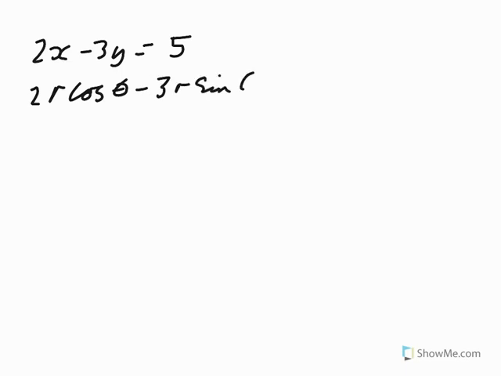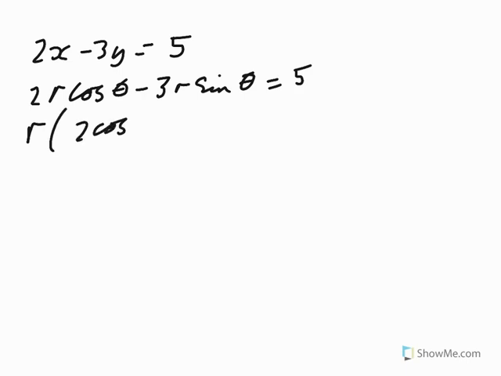Let's have a look at something else then. So say 2x minus 3y equals 5, for example. So again, substituting those things. 2x, that's 2r cos theta minus 3r sin theta equals 5. R's are a common factor there, so I'll take it out.